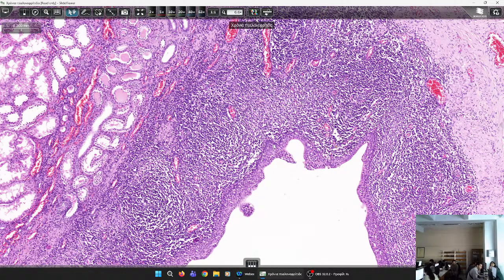So, inflammation starts from there. And what are the main causes of chronic pyelonephritis? Ascending bacterial infection. This is the consequence.